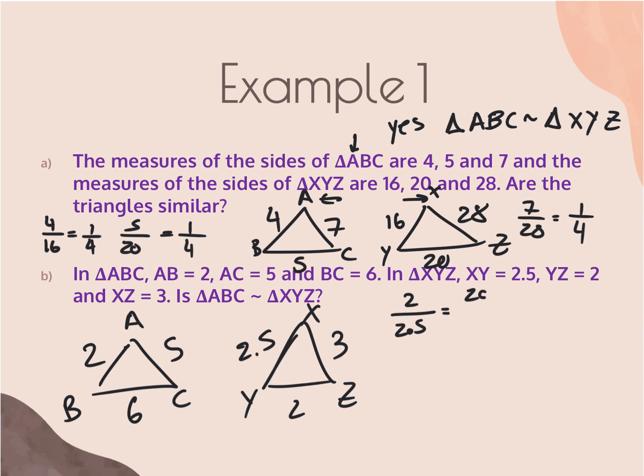So I get 20 over 25, which simplifies to 4 over 5. Now I'm going to do 6 and 2, which simplifies to 3 over 1. I don't even have to keep going because the two scale factors that I have found are not the same. So therefore, these are not similar triangles.